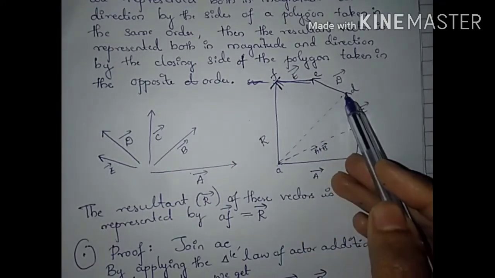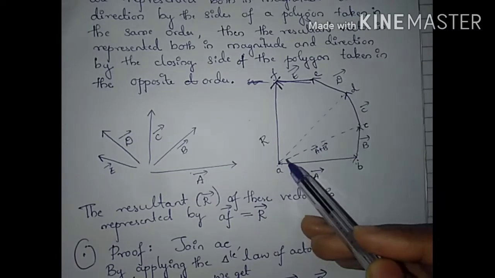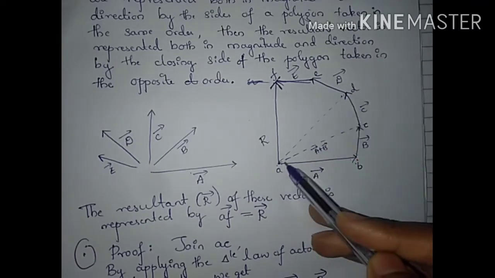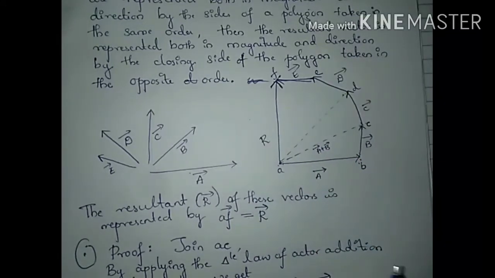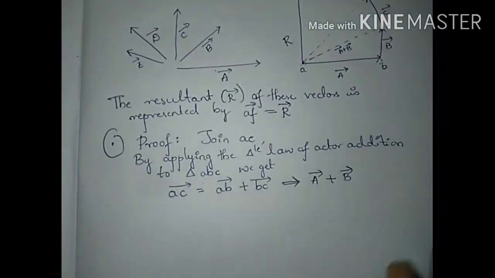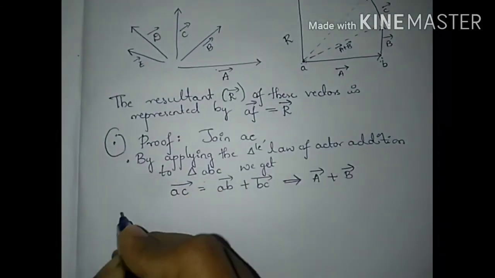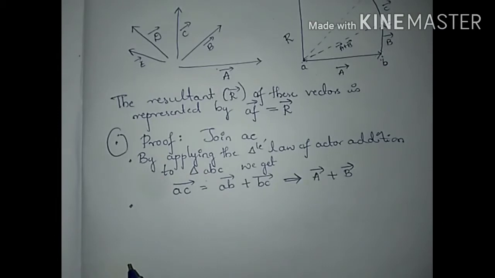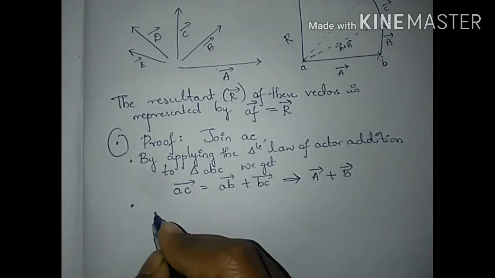Now let us find AD, the resultant of the vectors AC and CD. Again you have to use the triangle law of vector addition on the triangle.